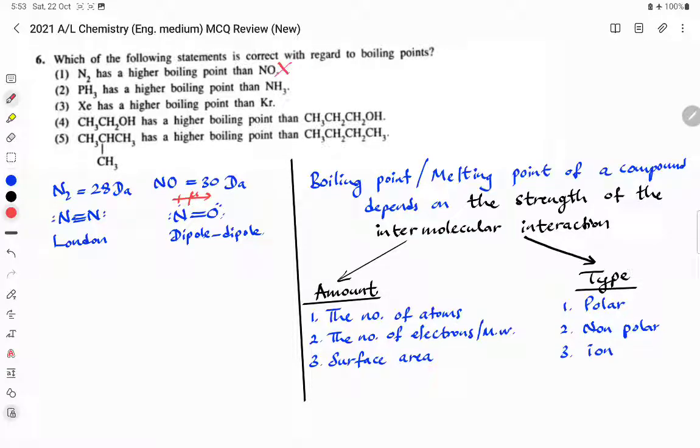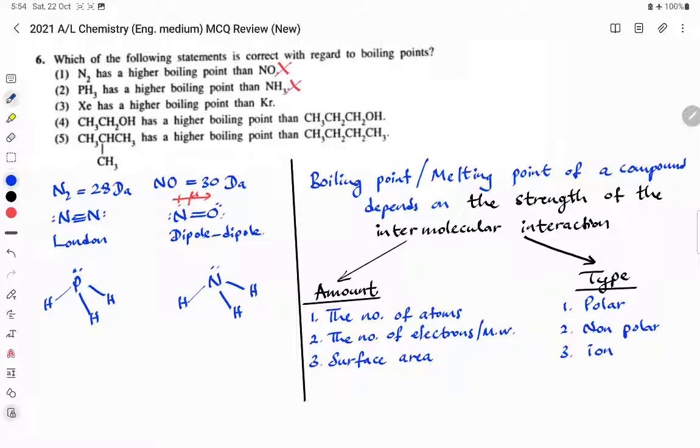The second statement, PH3 has a higher boiling point than ammonia. This is wrong, because when you consider the type of the interaction, PH3 is a polar molecule. NH3 is also a polar molecule. They look the same. According to the first point, the amount, they have the same number of atoms. They don't have the same number of electrons, but when you consider the last shell electrons, it's kind of similar.